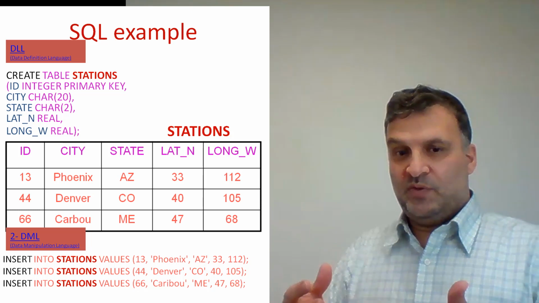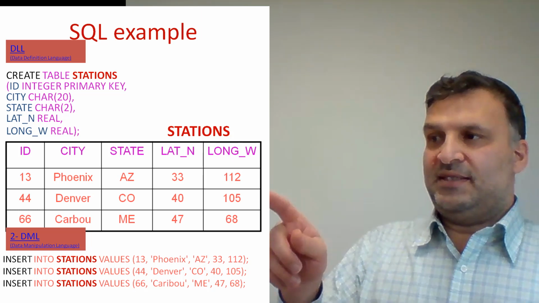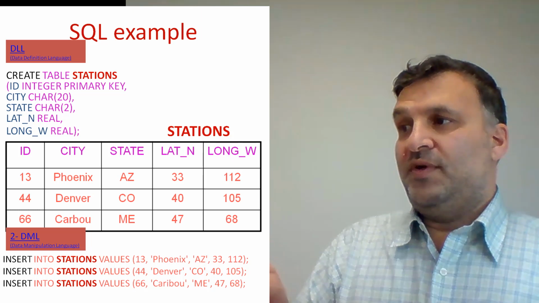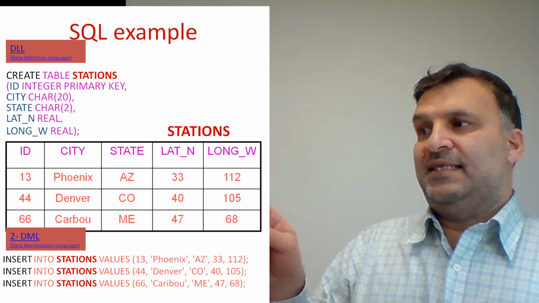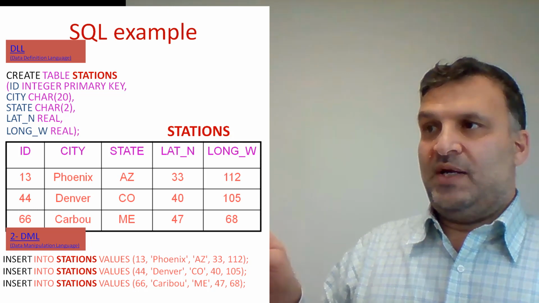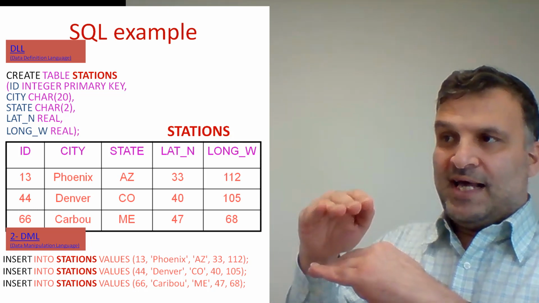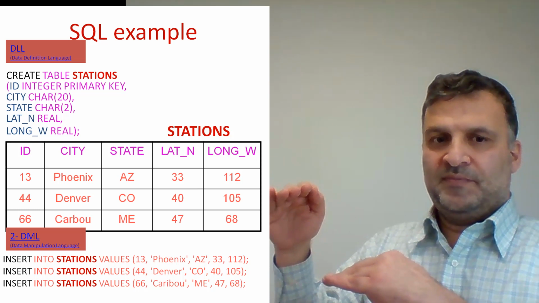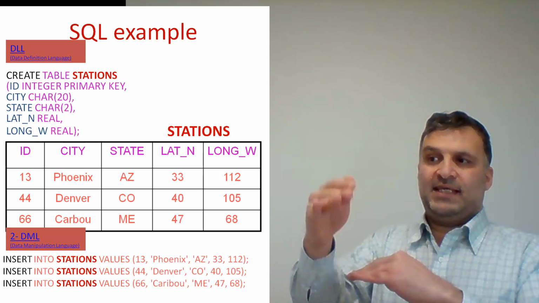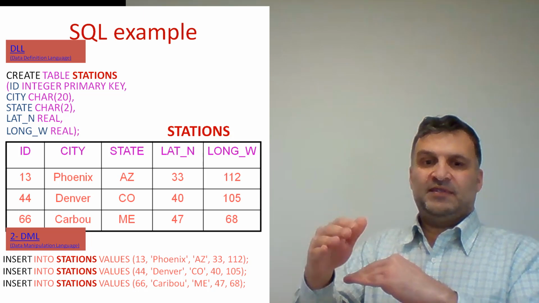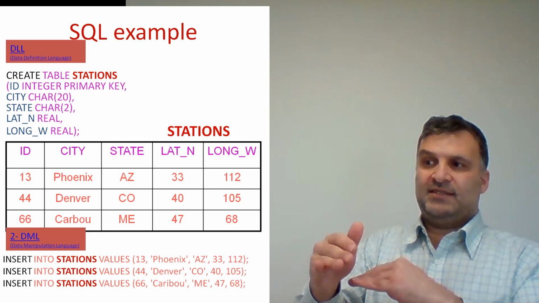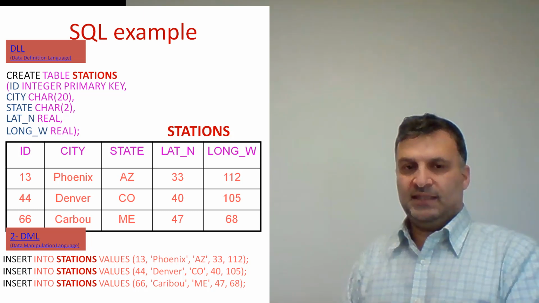What values will we add? 13, Phoenix, AZ, 33, 112. So this instruction will add the first line in the table. After that, we have a second instruction to add the second line, and a third instruction that will add the third line.